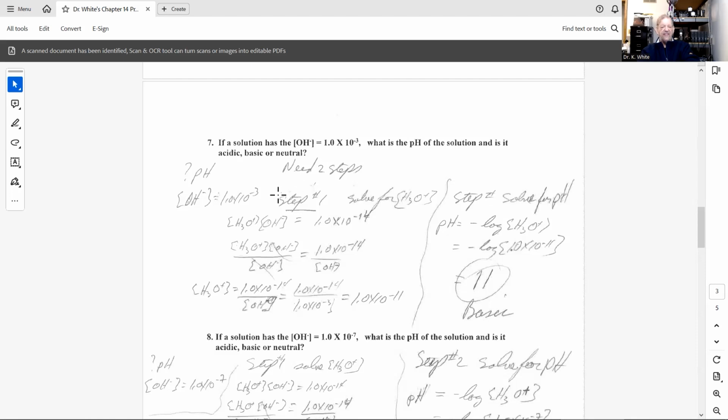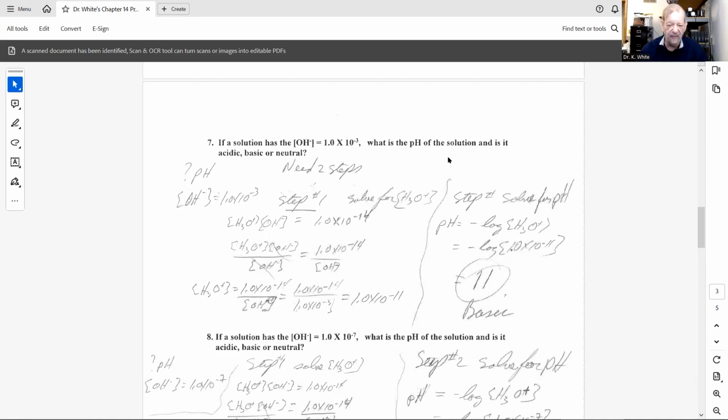So again, we're trying to find a pH, but wait, we're given OH minus equal 1.0 times 10 to the minus 3, and pH is minus the log of H3O plus. So you need 2 steps. In step 1, you solve for hydronium ion concentration. How? Hydronium ion concentration times hydroxide equals 1.0 times 10 to the minus 14.